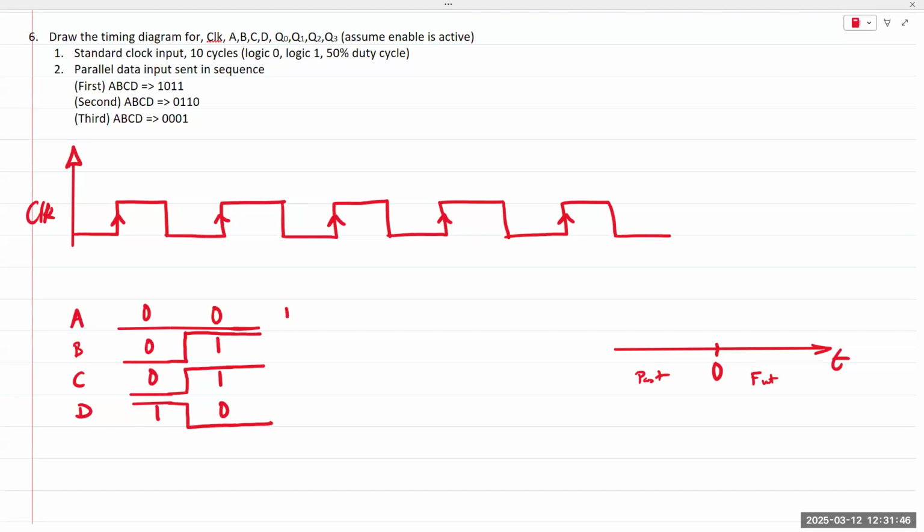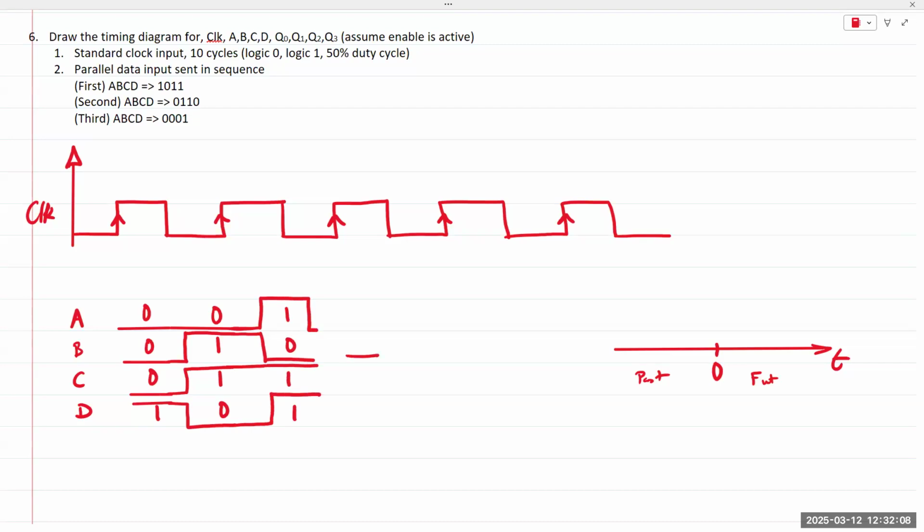And then finally, we have 1, 0, 1, 1. So A goes to 1. We don't know what happens to A after that. Then B goes to 0. C stays at 1. And D goes to 1.